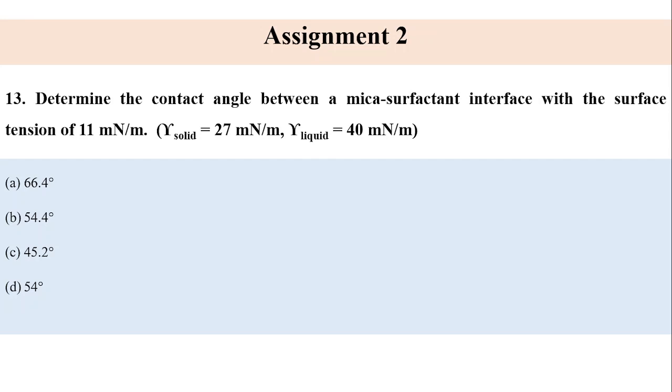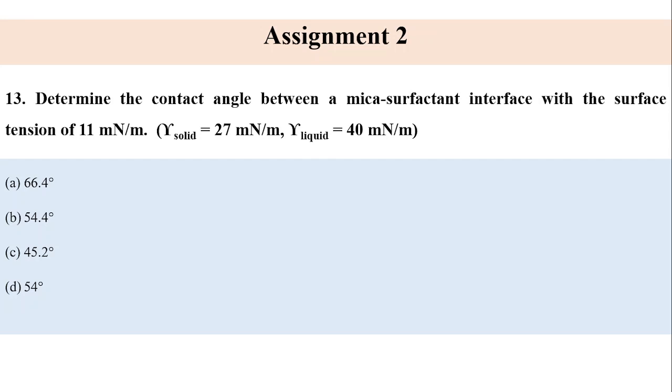The solid is mica and liquid is the surfactant solution. The options you have are A 66.4 degree, B 54.4 degree, C 45.2 degree, and D 54 degree.